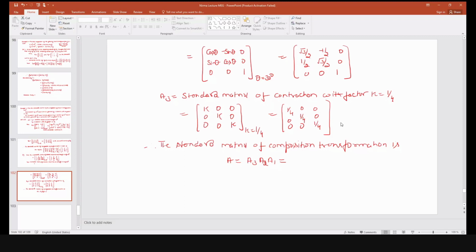Now A3, the third, is the contraction transformation with the factor k equal to 1 by 4. So here you will get this matrix. Then the standard matrix of the composition of these three transformations is A3 A2 A1. So write down the product.